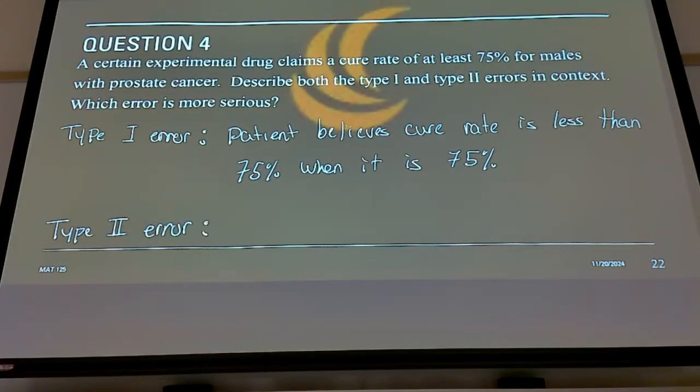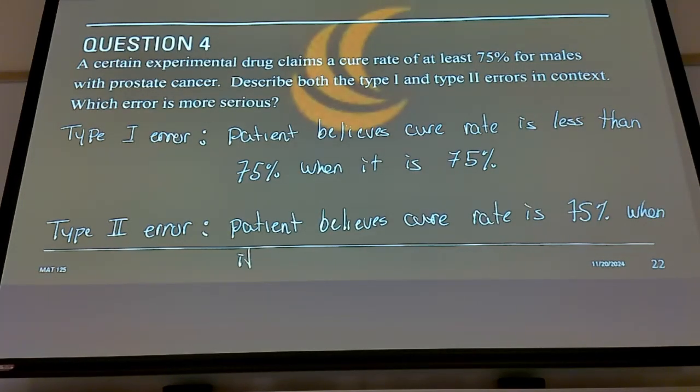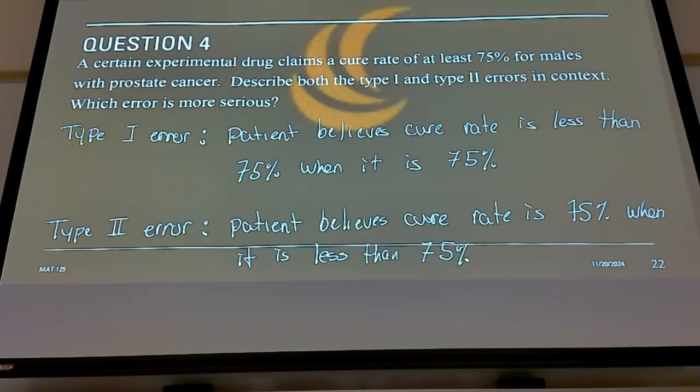All right, type 2 is failing to reject. So you don't reject the null.